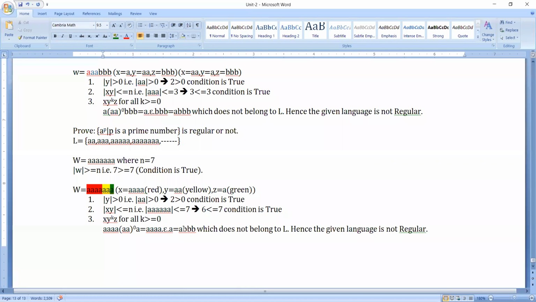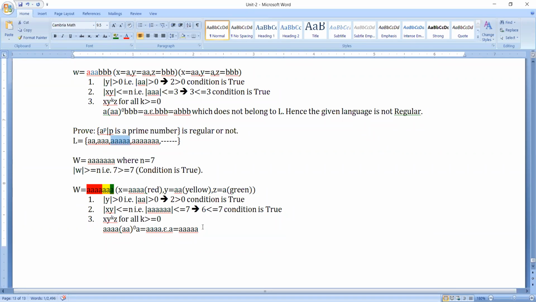So, what is the answer now? We got totally 1, 2, 3, 4, 5. Now please, everybody pay attention over here. We got totally 5 a's. How many a's did we get? 5 a's. Now, whether this a power 5 belongs to this language or not, you can see we have 5 a's.